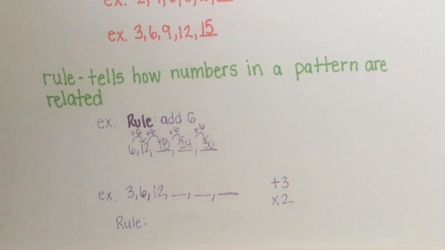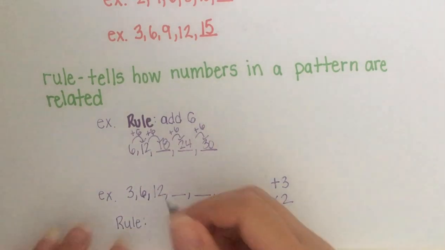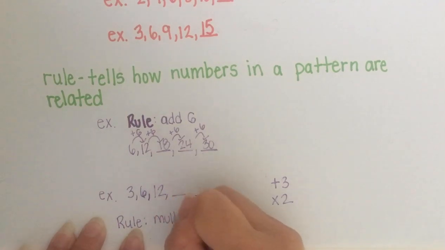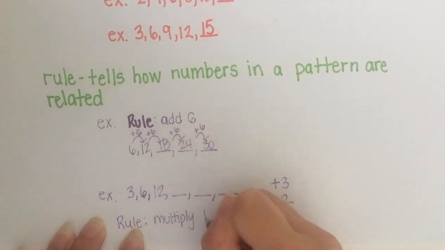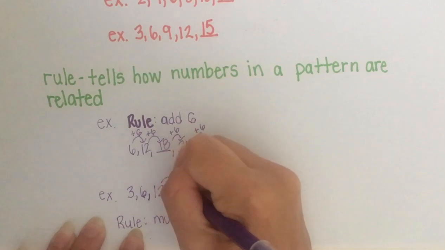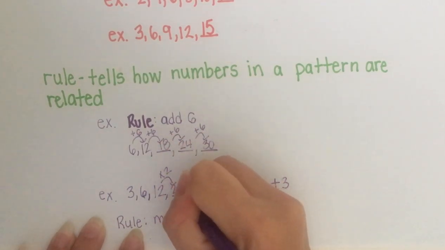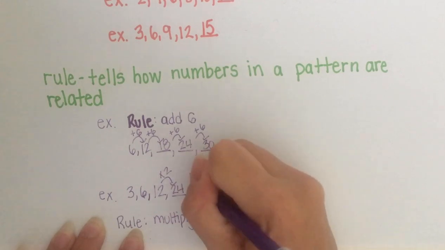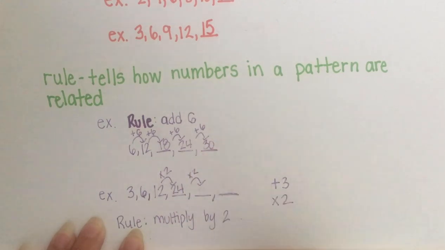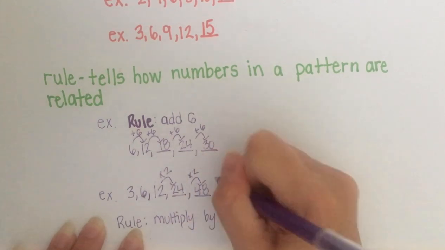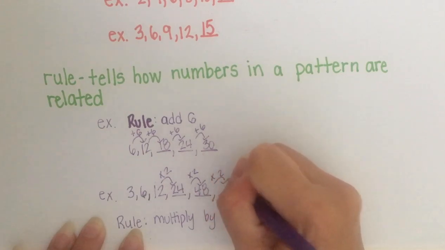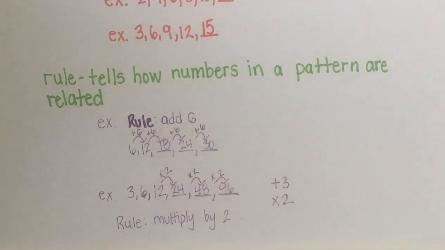Is 6 times 2 12? Yes, so that tells me that my rule is to multiply by 2. So I'm going to continue. 12 times 2 is 24. 24 times 2 is 48, and 48 times 2 is 96.